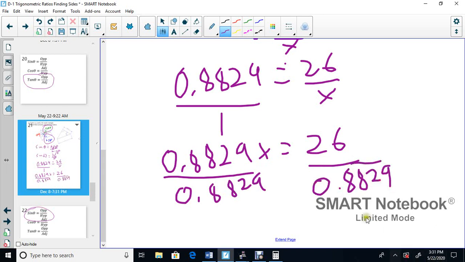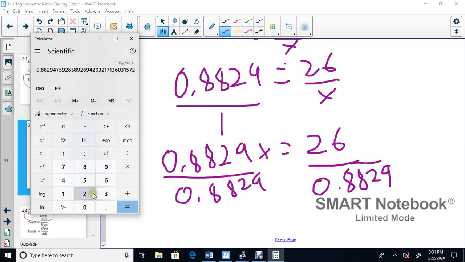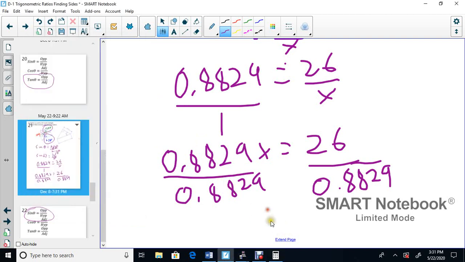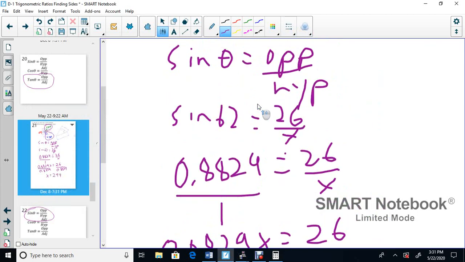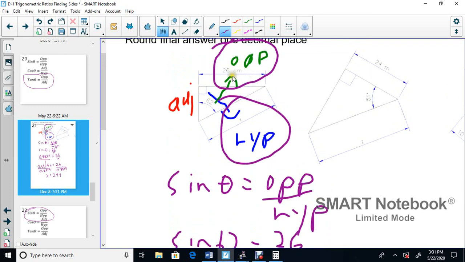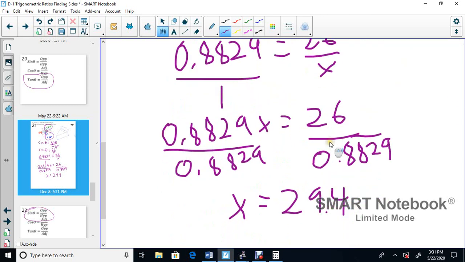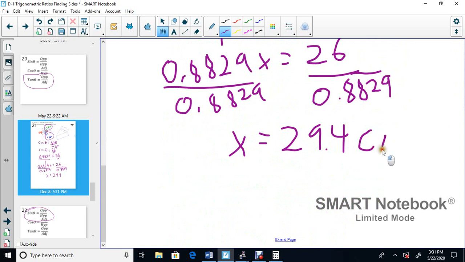So we go 26 divided by 0.8829, and we get 29.4. Here's that extra step with all our steps where we have to do the extra divide. We need to find the units here. The units here are centimeters. Scroll down, 29.4 centimeters. Next question.